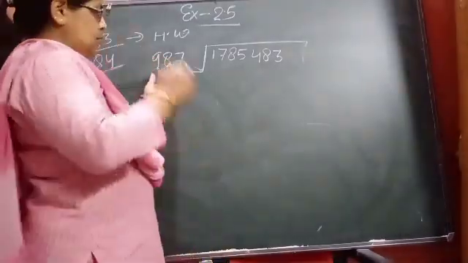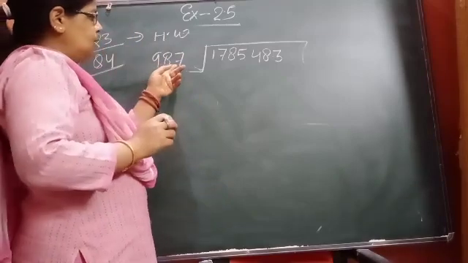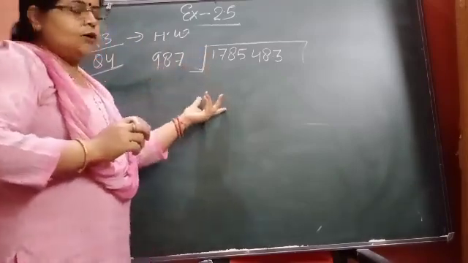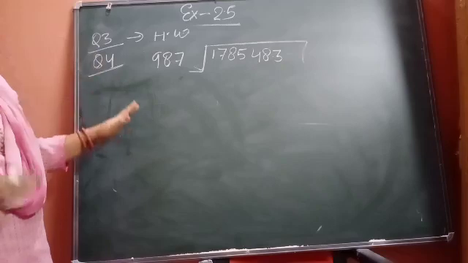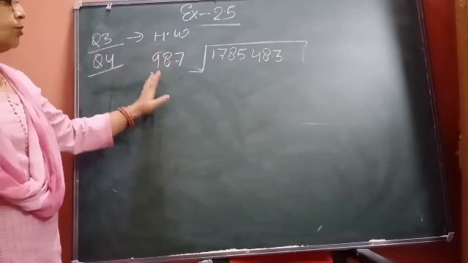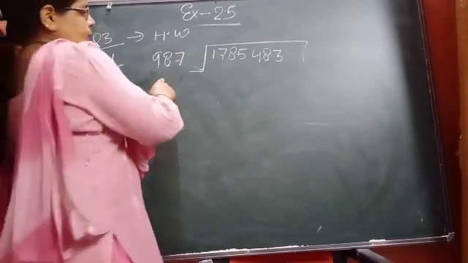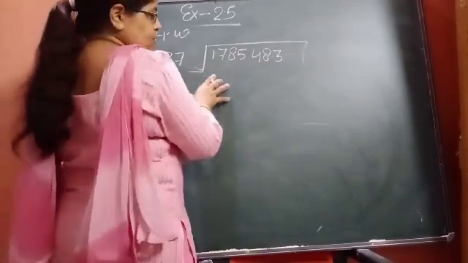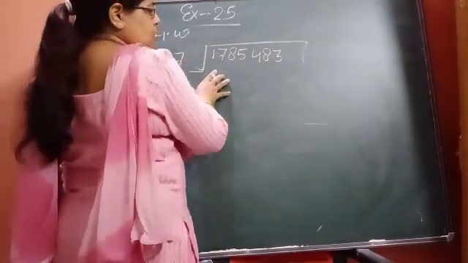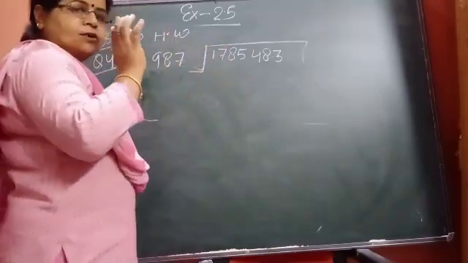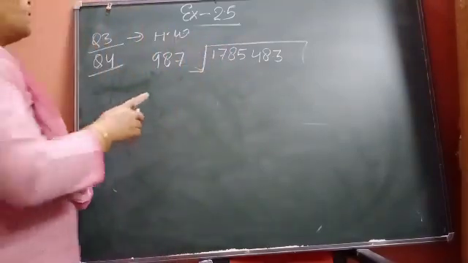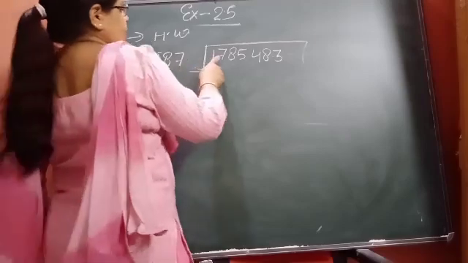What will you do, beta? You will write 987 as I have written. First you will write it there, and then in your fair part you will perform division as I taught you previously. Don't do this division in rough column. It is a part of the question, so you will perform it in your fair part. Now see, 987 divided into this one.